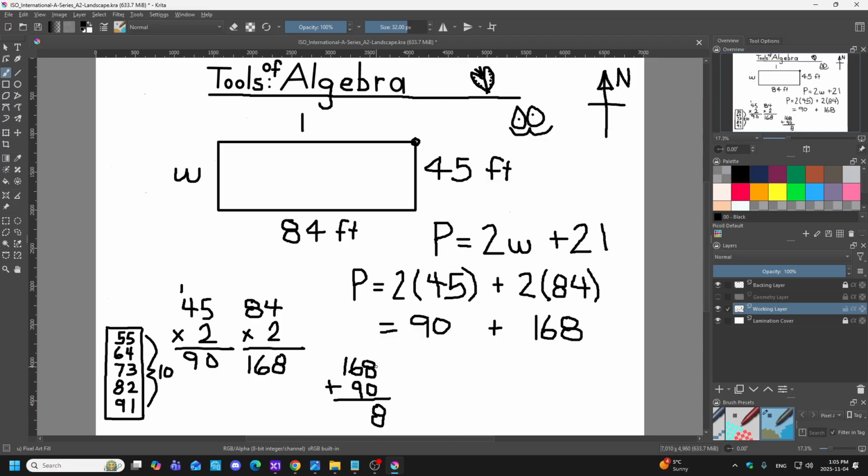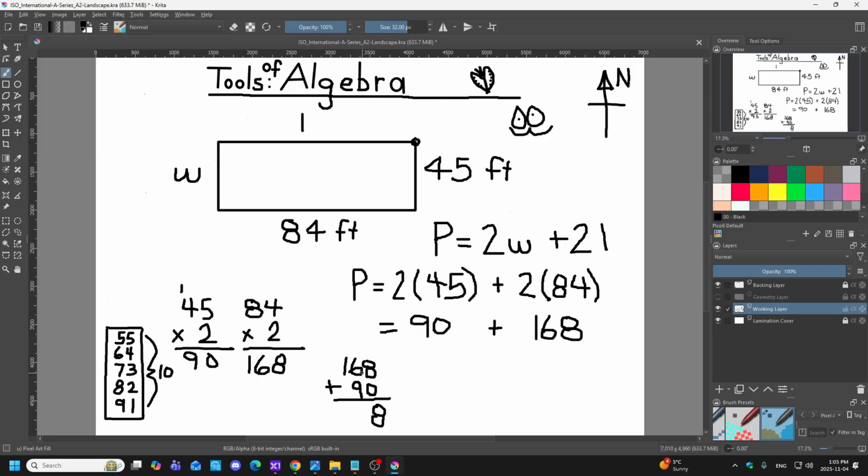A quicker way to do this is to make this 10. In order to make the 9 a 10, we have to borrow a 1 from the 6. If we borrow a 1 from the 6, it becomes a 5. Correct? So it's quick math in your head.